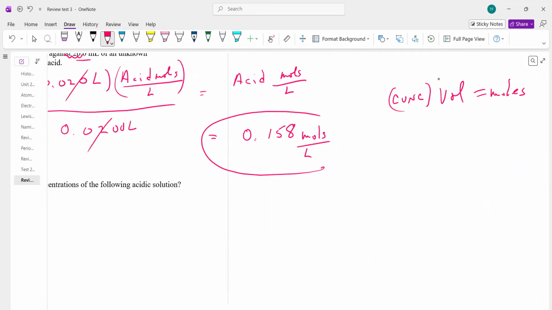We know the base concentration and we know the base volume in liters. Okay, and that's equal to the acid volume and the acid concentration at endpoint. But the question is what is the acid concentration? So we solve for that. Was that what you were asking? Okay. Yes, this is really important to know.